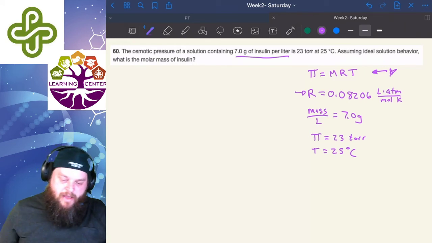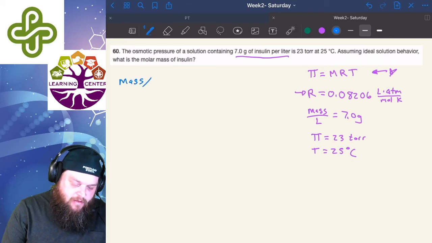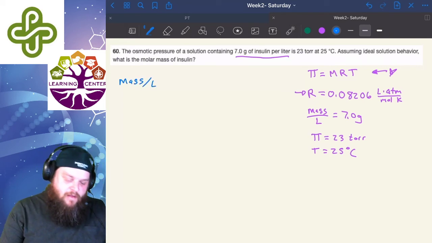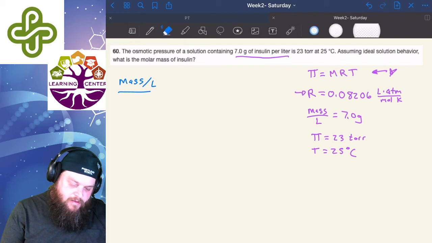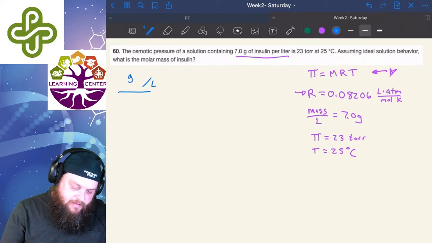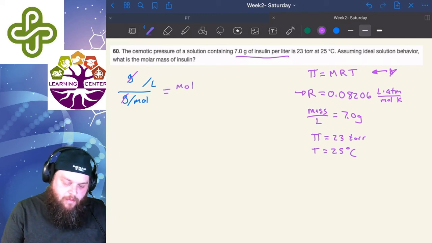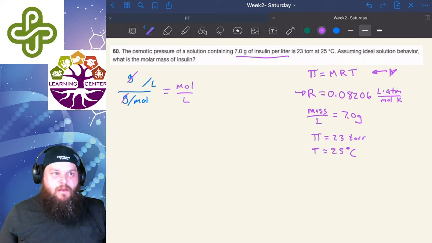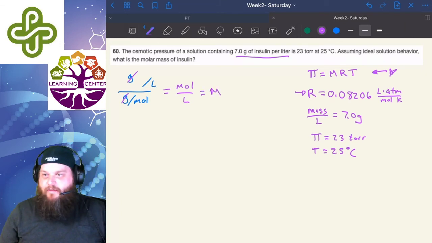So let's start with the mass per liter. If I took this and divided by our molecular weight, which is really grams per mole, so let me just change mass to grams, notice that my grams are going to cancel out. This is going to equal mole per liter, and mole per liter is molarity.